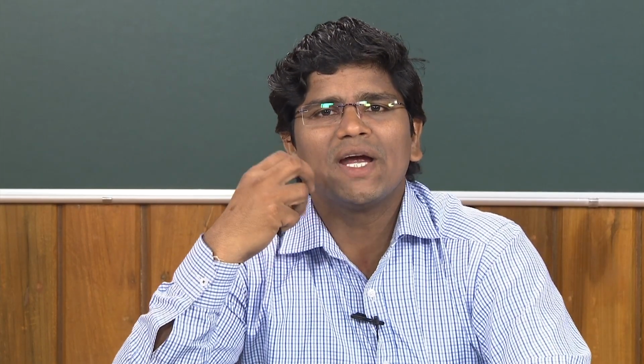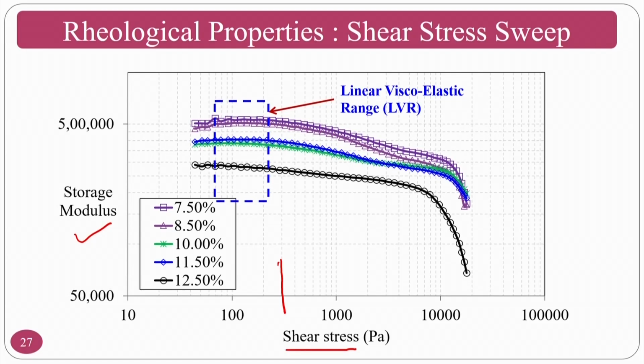Okay. So, if I give any value of stress in this region and measure the viscous and elastic components in the next slide, I will get the original values of the viscous and elastic components. Assume that if I give a value from this particular region, then the polymer molecules are damaged or the polymer molecule chains are broken. So, I cannot do that.